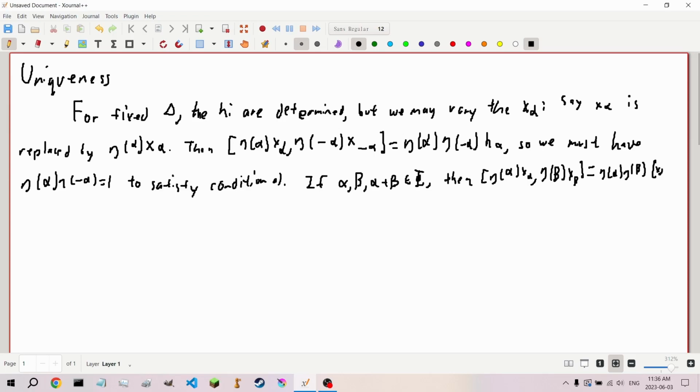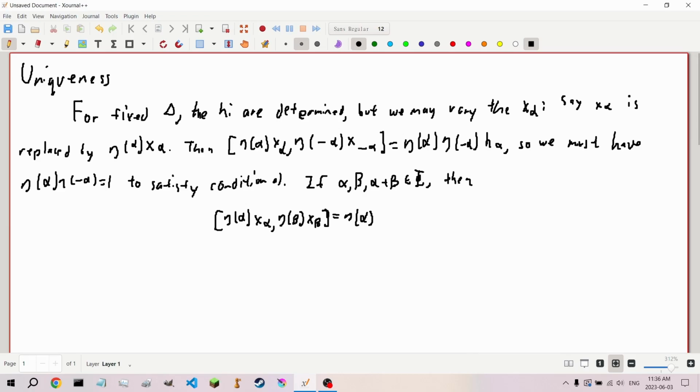I should write this on a new line. So we're scaling up our x_alpha by eta_alpha. We're scaling up our x_beta by eta_beta. And so we can bring these scaling factors out to the front, like that.